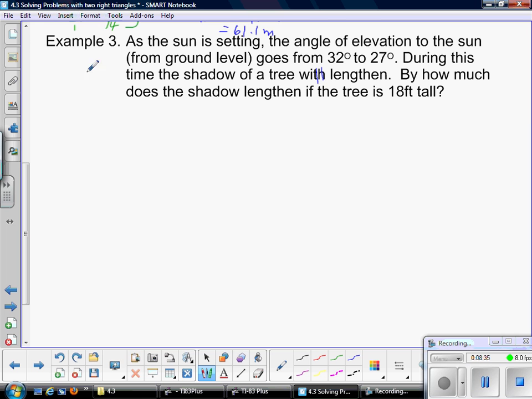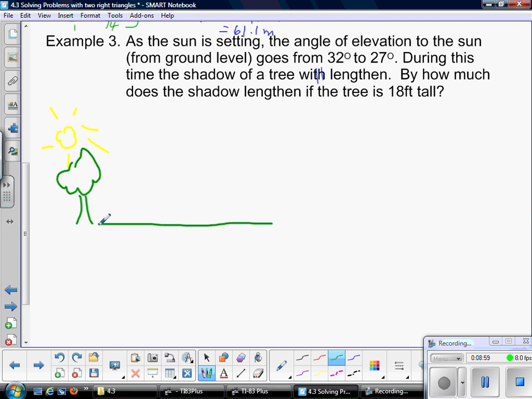Okay, so what's going on here? Well, it appears that I have a sun in the sky and it shines. And in my picture, I have a tree. Notice my tree. Yes, I know it's beautiful. And we know that we have ground, and within the ground, we're going to have a shadow going on.